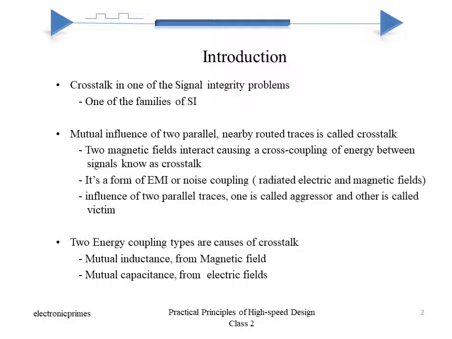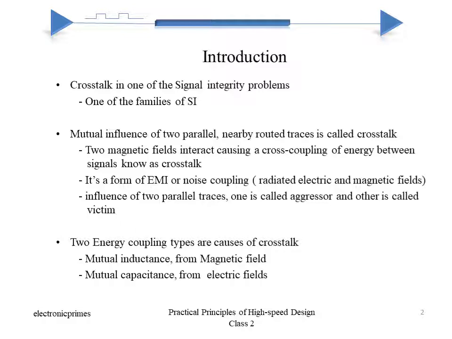Crosstalk can be like two magnetic fields that interact, which causes a cross coupling of energy between signals, which is known as crosstalk. It's a form of EMI or noise coupling, and it can be radiated electric and magnetic fields.